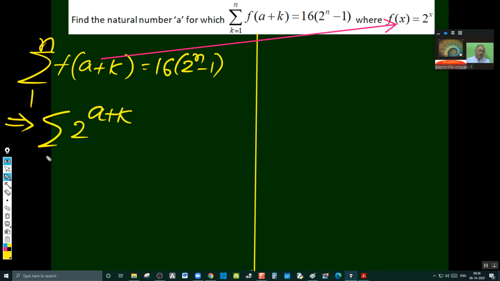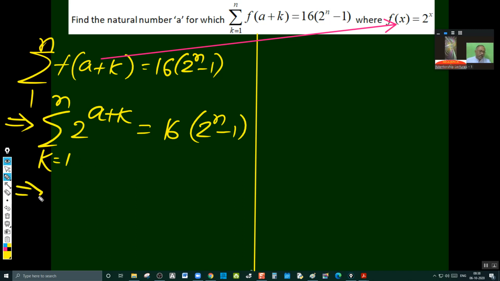And k runs from 1 to n is equal to 16 into 2 power n minus 1. Now write it as 2 power a into 2 power k. 2 power a is a constant, get it out.